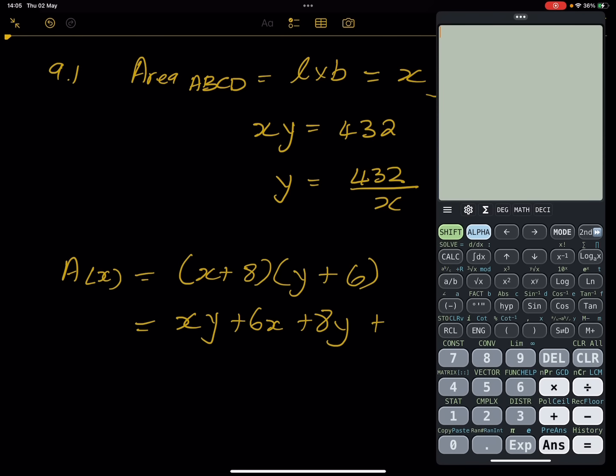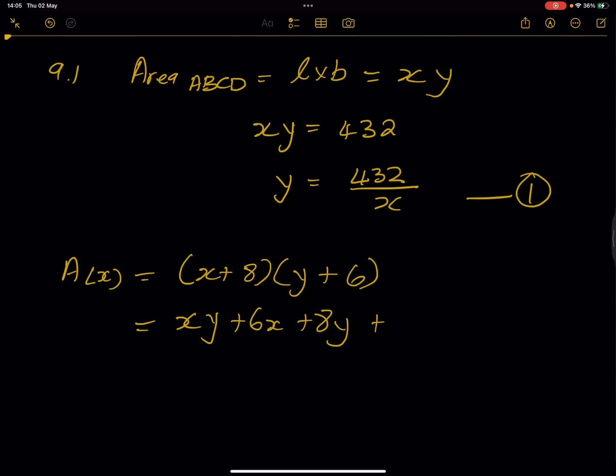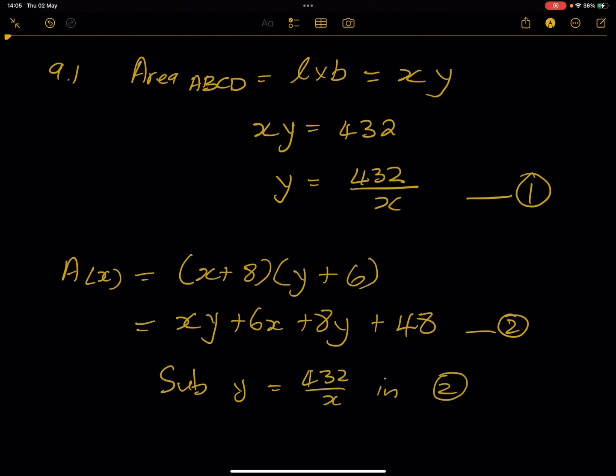Right, my mind is not working as sharply now. I've been busy for the longest time. 48, right? So plus 48. Okay, right, now I can substitute for y. So let's call this equation 2. So let's substitute for y equal to 432 over x in equation 2.